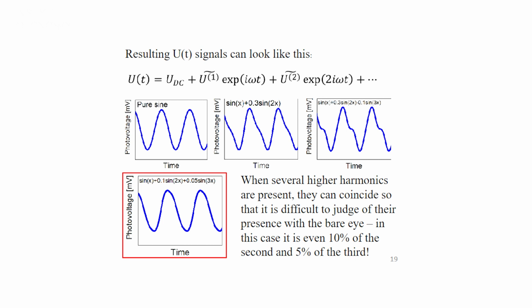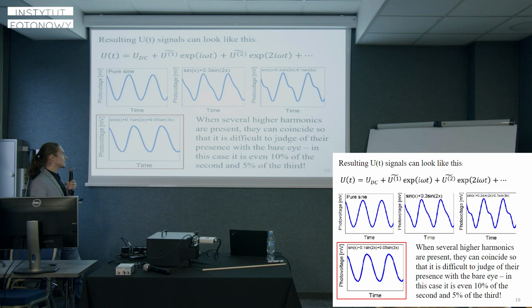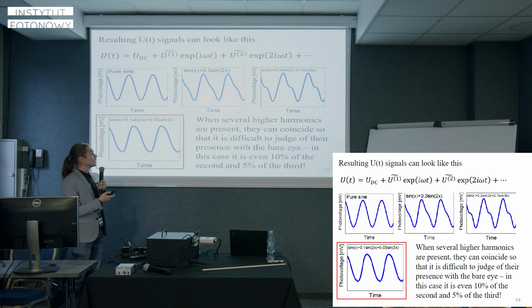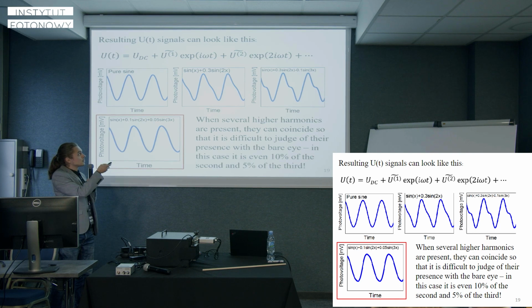How should I know that higher harmonics are present in my output signal? Well, if I have a pure sine, it looks like this. And sometimes, if the harmonics are reasonably high, it could look like these two pictures on the right.